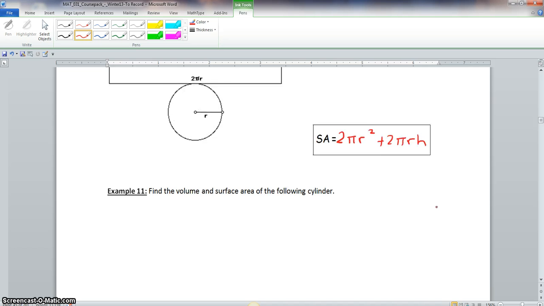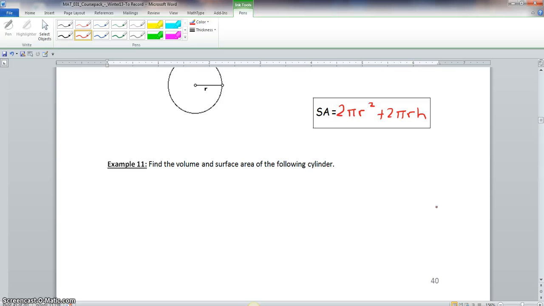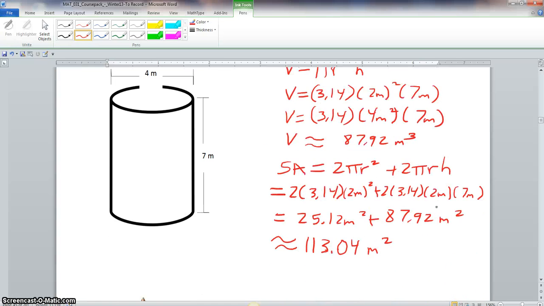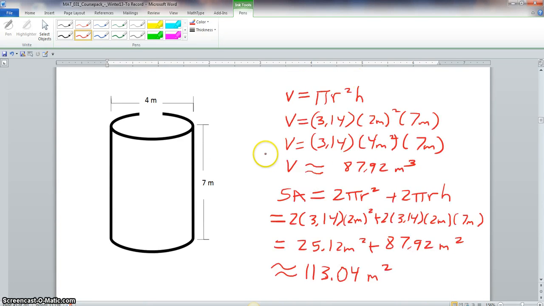Now it says here in example 11, find the volume and surface area of the following cylinder. This is a cylinder that is provided, and let's go through the steps. The volume of a cylinder is pi radius squared h. So we put in the pi, which is 3.14, and then we put in the radius. Remember, radius is half the diameter.